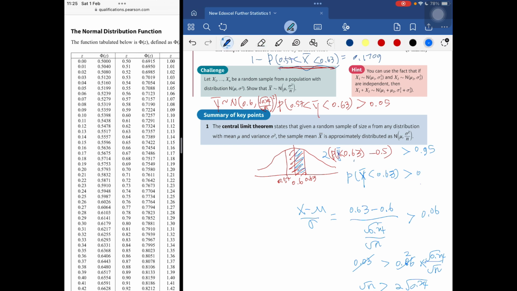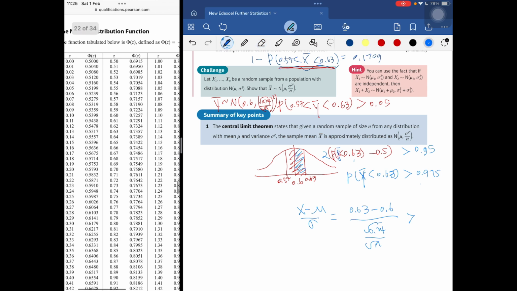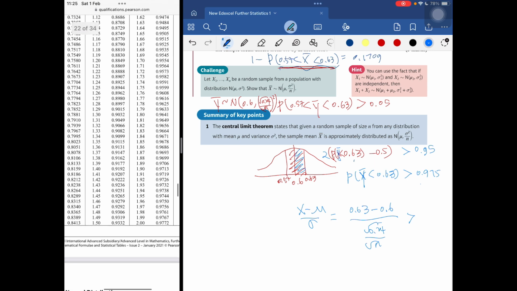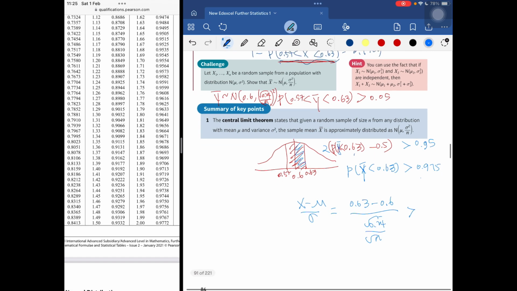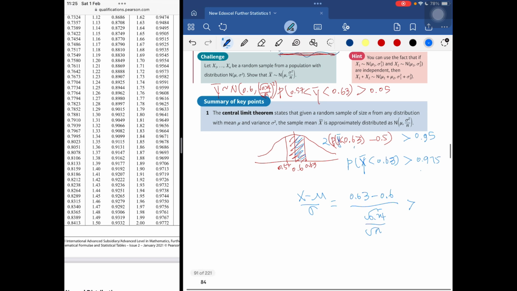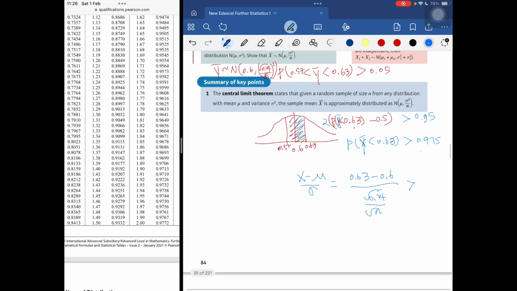This is 0.975. So it is larger than 0.975. The z-score for 0.975 is 1.96, on the right side.